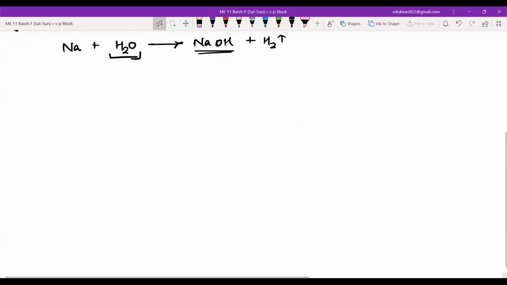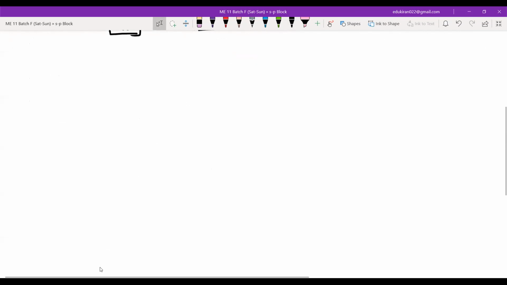Now, moving to group 1, that is alkali metals. What are the elements in alkali metals, guys? Tell me.